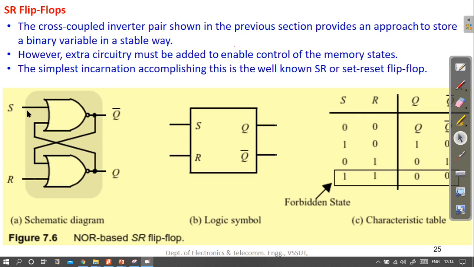For satisfying those things, we have to use some other gates to construct the flip-flops, and this is a NOR gate based SR flip-flop. We saw this.